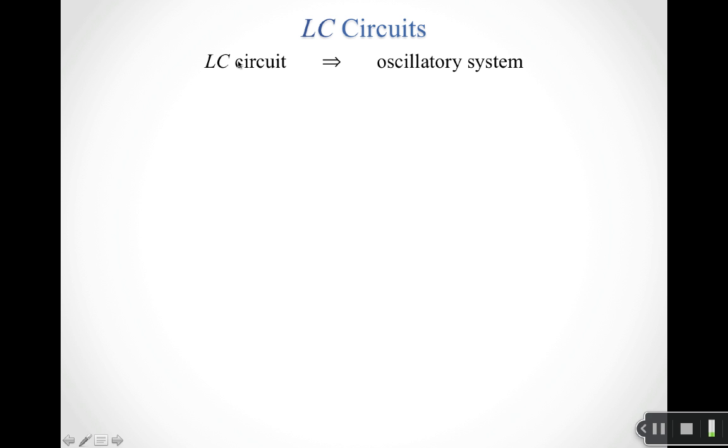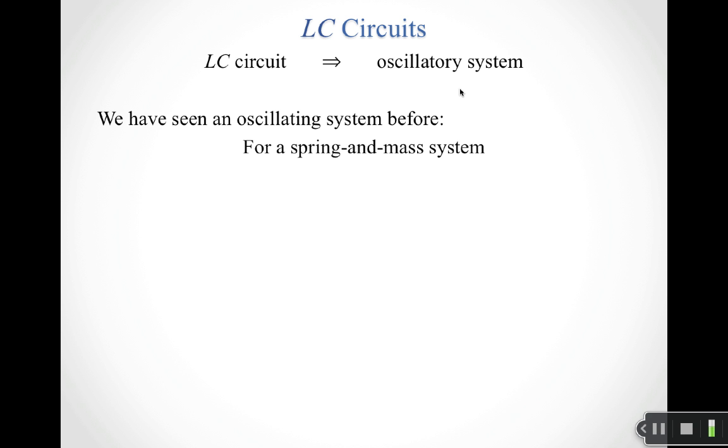So this is what's known as an oscillatory system. An LC circuit is an oscillatory system. The current is going to increase, decrease, stop in one direction, then go the other direction, increase, decrease, stop, and just go back and forth in an oscillating pattern.